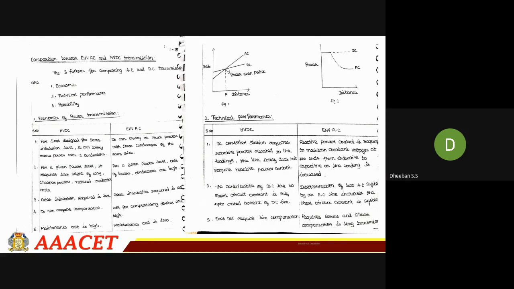Coming to the comparison of your EHVAC and your HVDC transmission system.